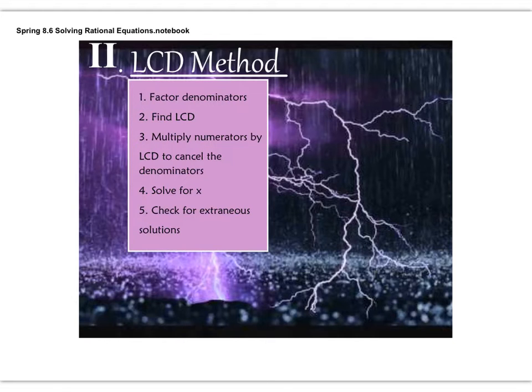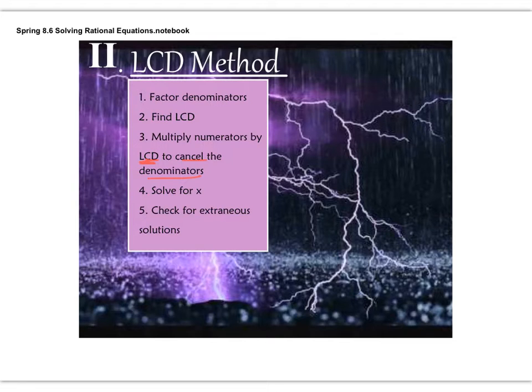Then you will multiply the numerator by the LCD, not just the missing piece like we've done previously, but you are multiplying by the entire LCD to cancel the denominators. So after step 3, bye-bye fraction. Your fraction should no longer be there. If you have fractions left, you did something wrong.